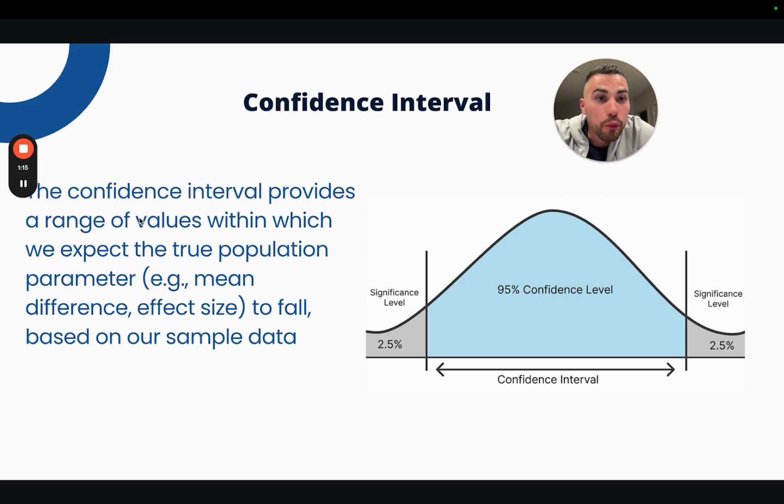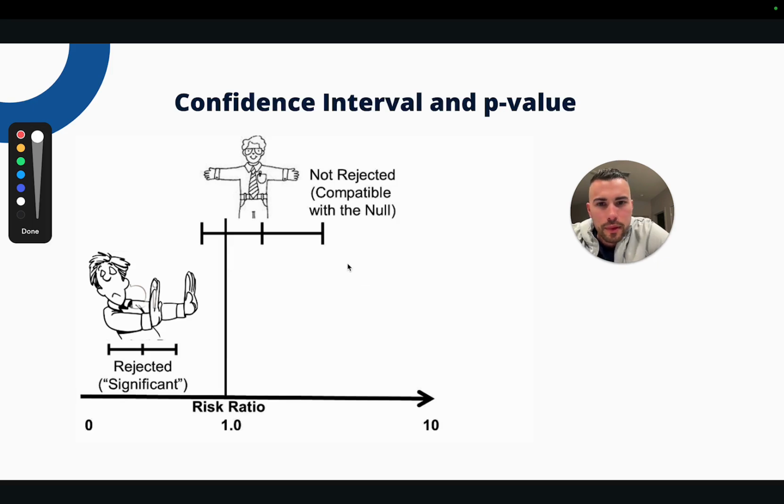That means that if we were to repeat the study multiple times, 95% of the time, the true population value will fall within this confidence interval. I really like this graphic that represents the connection between the p-value and the confidence interval, because what it shows us is that if the confidence interval is touching the zero, or the number that represents no effect, our hypothesis is rejected.